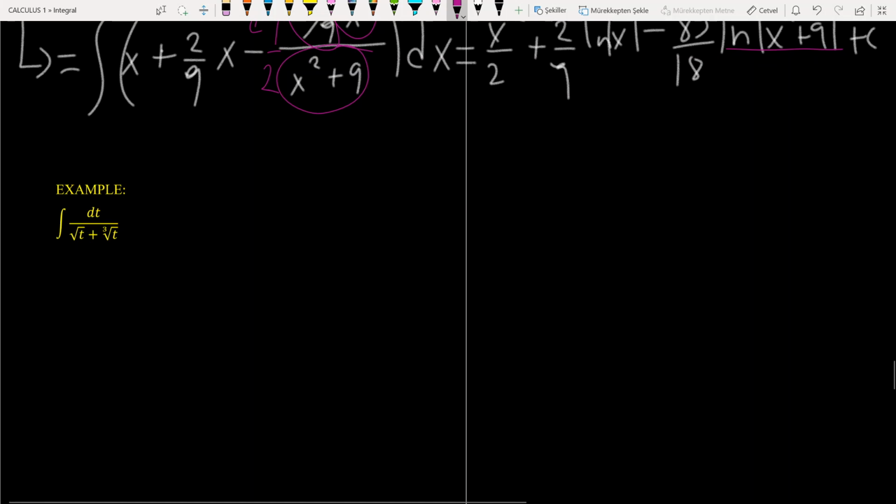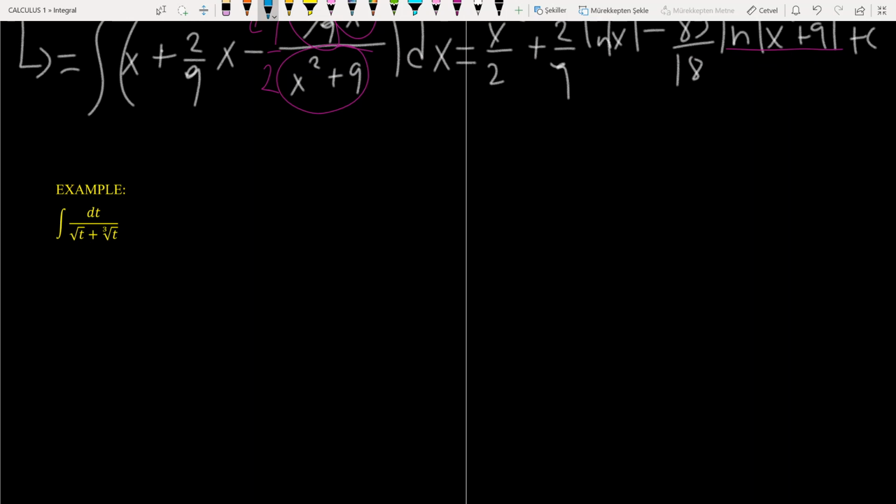Another example. If you first look at this question, it does not seem that you have a rational function or a polynomial, or that you may compare the coefficients or the powers, so it's not so obvious. So it is good to first use the substitution rule for the integral.